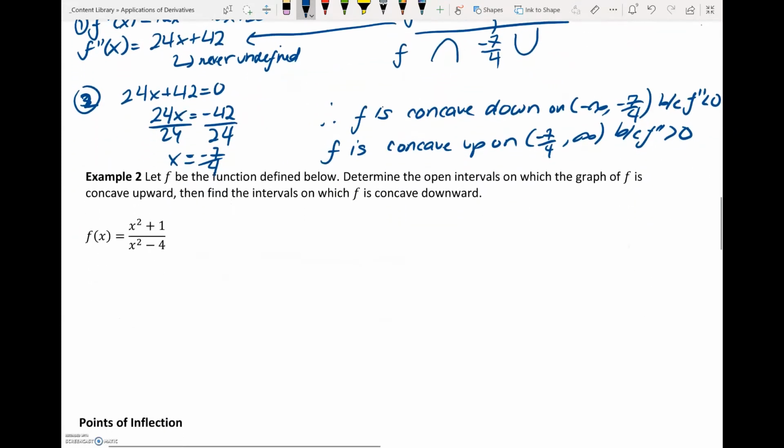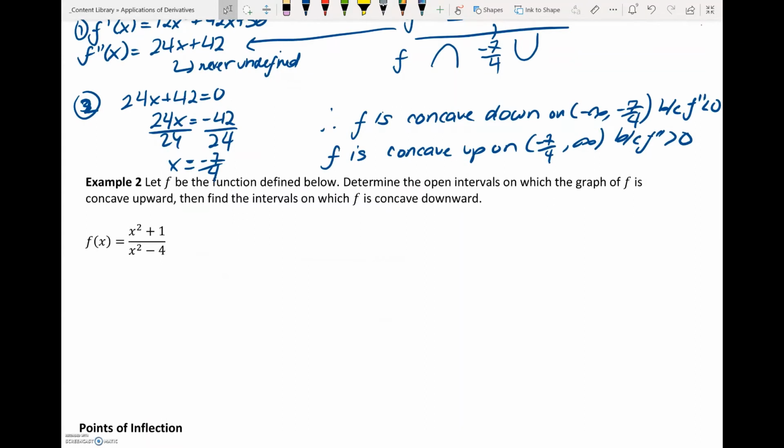Let's do another example. Again, we want to figure out what intervals f is concave up and down, so we're going to use the same 3 steps. The first step is to find the double derivative, but again, we need to find the first derivative before we can do that. Because we have a function over function, we're going to use the quotient rule.